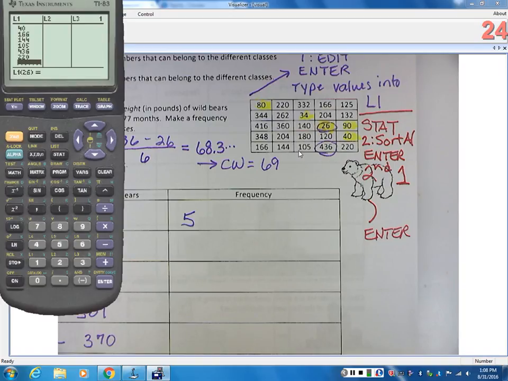You select the second option, sort A, hit enter, then type second L1, which is on the number 1 key, so press the second key and the 1 key. Your second key is in the top upper left corner of your keyboard. And then close the parenthesis and hit enter. And that's what I'm going to do now.